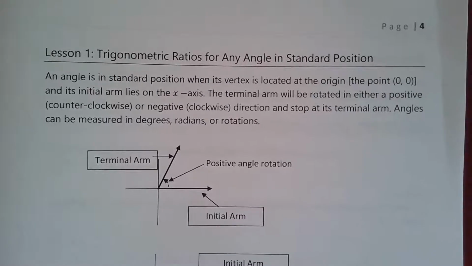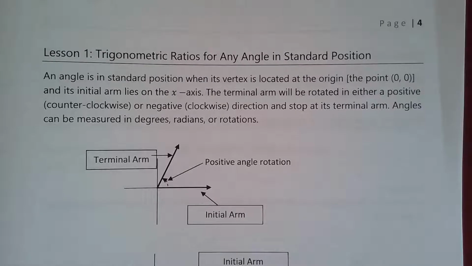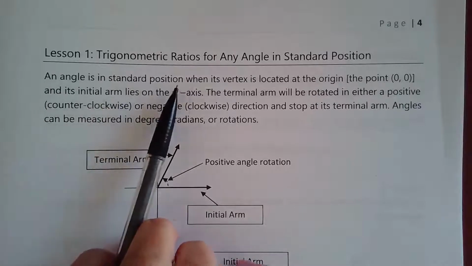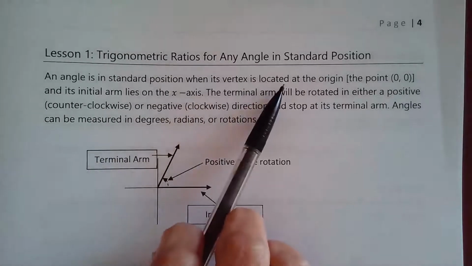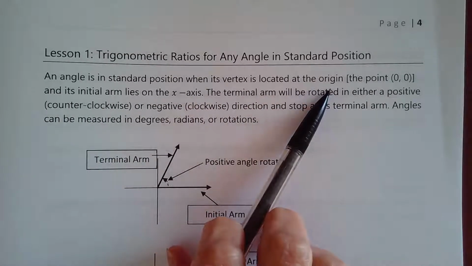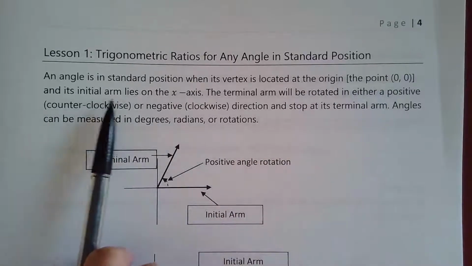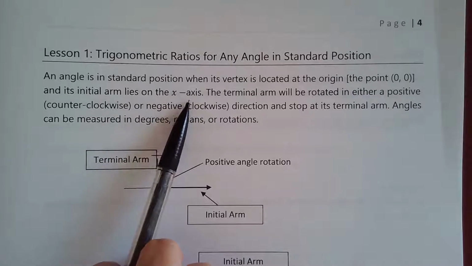Now, when we get into something like this, it says an angle in standard position is where the vertex is located at the origin, where the point is 0, 0, and its initial arm lies on the x-axis.